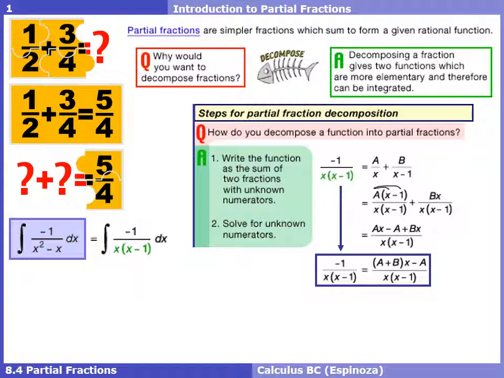The other thing I'm going to do here is you'll notice we have two x terms that I want to combine together. But since we don't know what a and b are, all we can really write is a plus b times x. If a had been 2 and b had been 3, of course we would have put 5x, but we don't know what a and b are, so we're just going to have to write that as a plus b all times x, and then we still have minus a in the top.